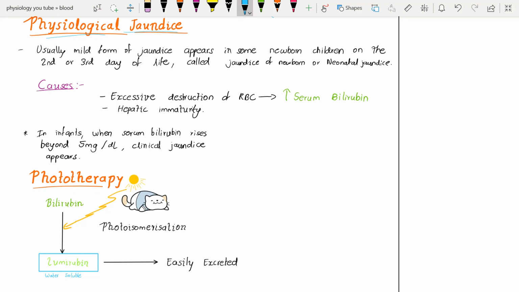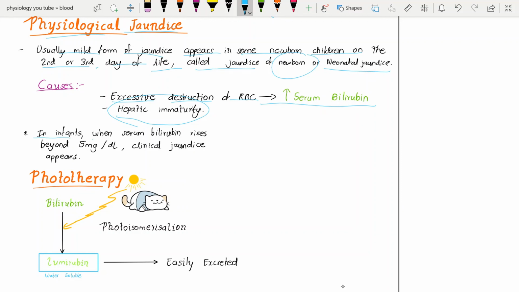Physiological jaundice. Usually a mild form of jaundice appears in some newborn children on the second or third day of life. It's called newborn or neonatal jaundice. Causes are excessive destruction of RBCs, which increases the serum bilirubin, and hepatic immaturity in the newborn.